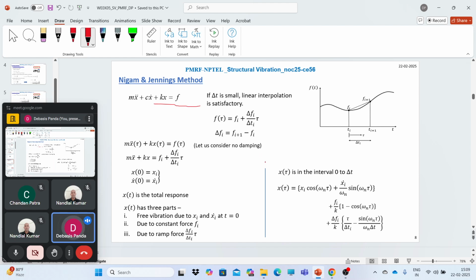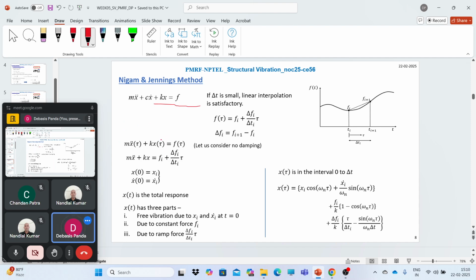For simplicity for now, consider that no damping is present; when we go through the MATLAB examples, I will show you how we can incorporate the full damping term also. So the equation of motion looks like this: m x double dot plus k x equals f of tau, and instead of f of tau, we have already defined our forcing function.